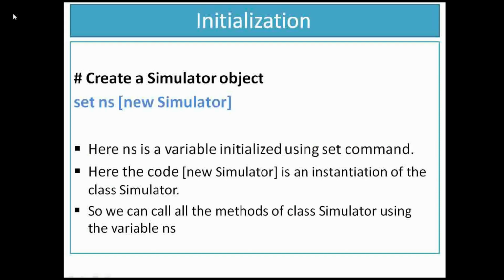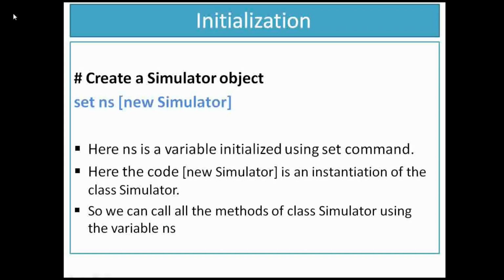Now, how to create a simulator object. Whenever we write a program, the first line will be set ns [new Simulator]. Here ns is a variable initialized using the set command, and the code in brackets, new Simulator, is an instantiation of the class Simulator.